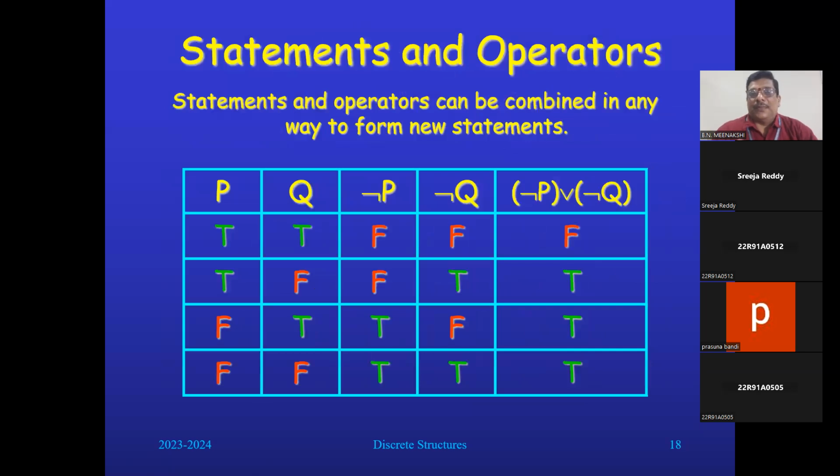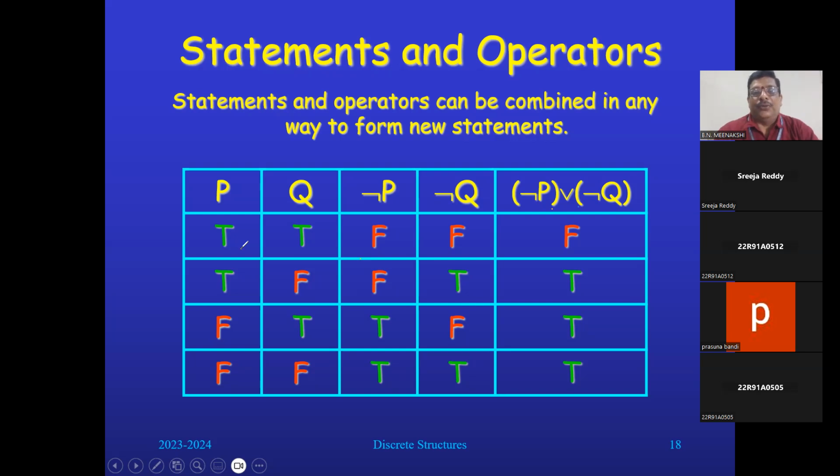Now coming to this problem, we are given that P is true and Q is true, and we need to calculate negation of P union negation of Q. First we need to find negation of P. What is the negation of P?